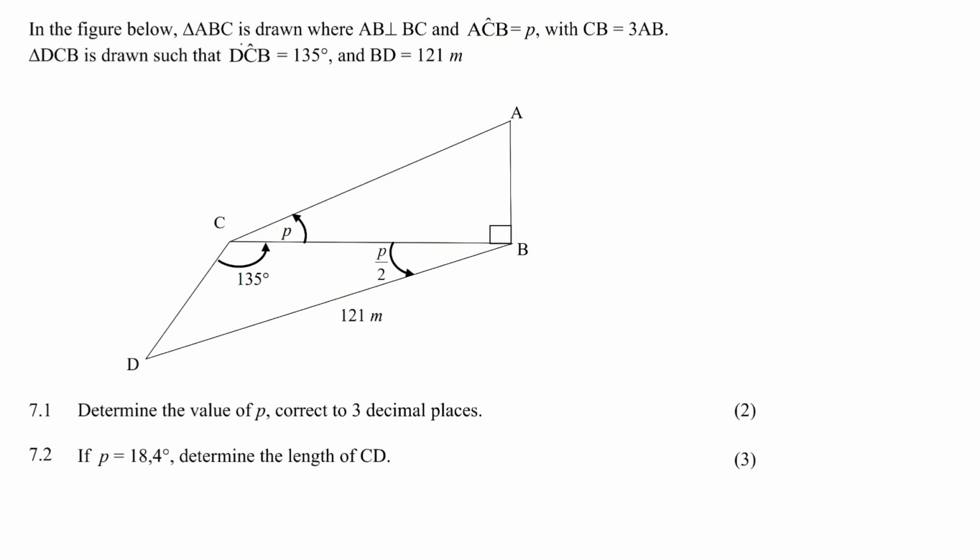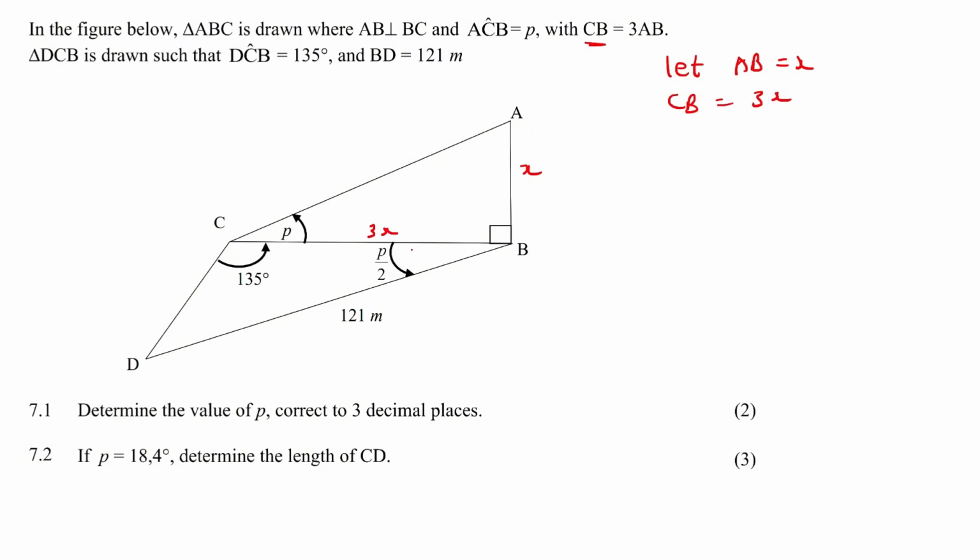In the figure below, triangle ABC is drawn, and AB is perpendicular to BC. We can see that. Angle ACB is P, and then CB is 3 times the length of AB. Okay, so I'm gonna let AB equal x, then CB will be 3x, just so we can have a visual on our diagram.